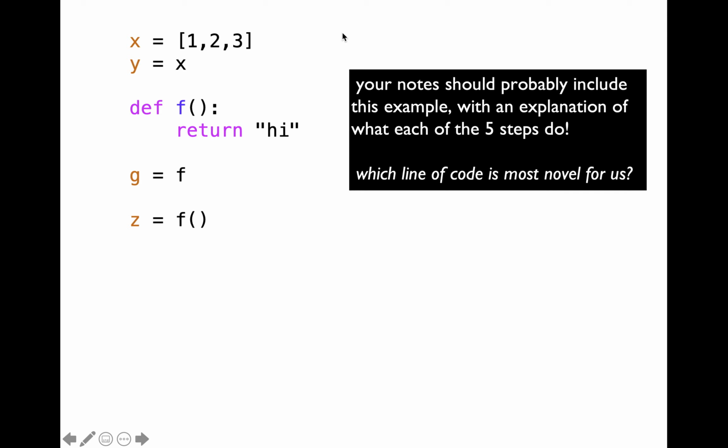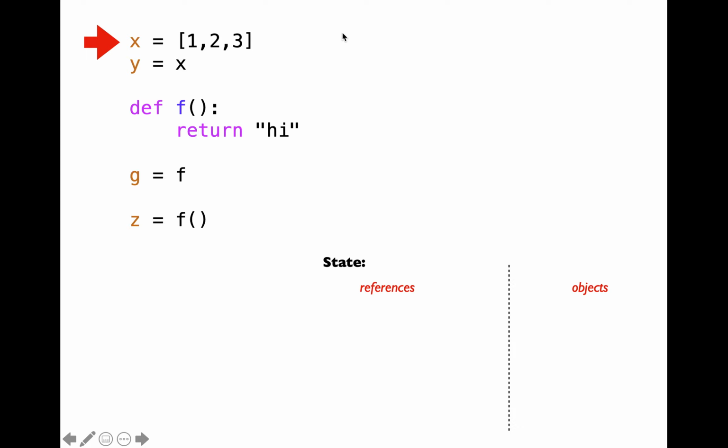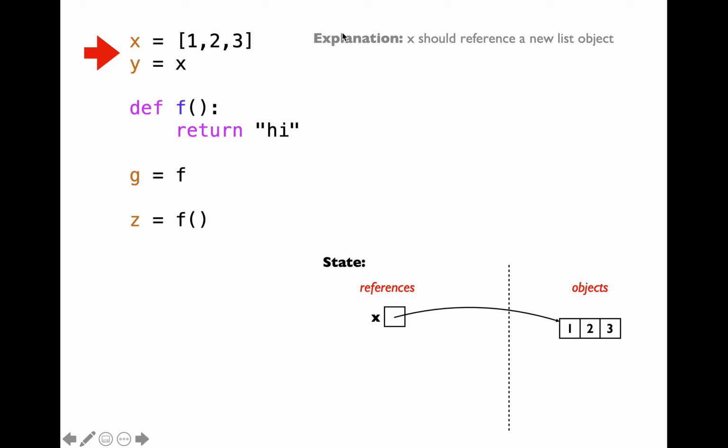So, let's take a look at this example step by step and look at what exactly each of these lines stand for. The first line is actually creating a list object on the heap memory with items 1, 2 and 3, and it is creating a reference to that object inside a variable called x, which is going to get populated onto the stack.